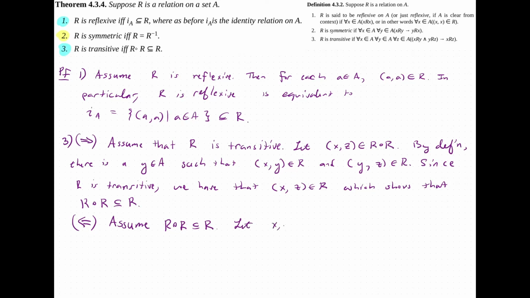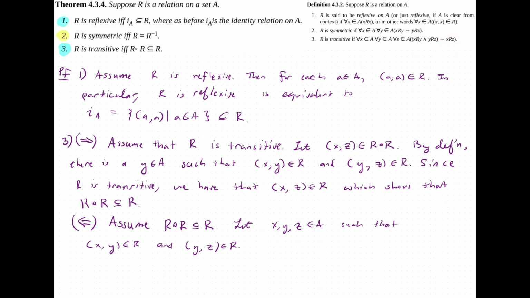So let x, y, z be in A such that x comma y is in R and y comma z is in R. So notice, in doing so, I am taking some arbitrary choices x, y, and z so that the premise of transitivity is satisfied. And to show that it's transitive, we need to show that x comma z is in R.